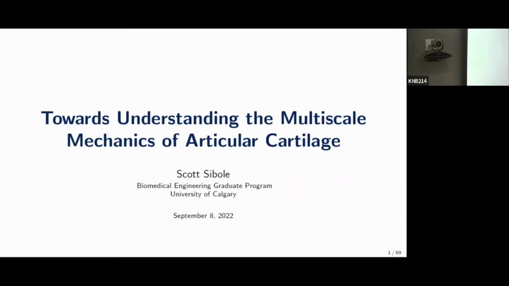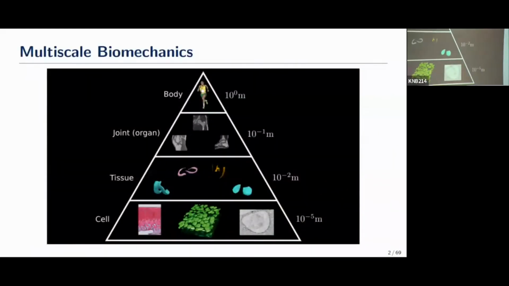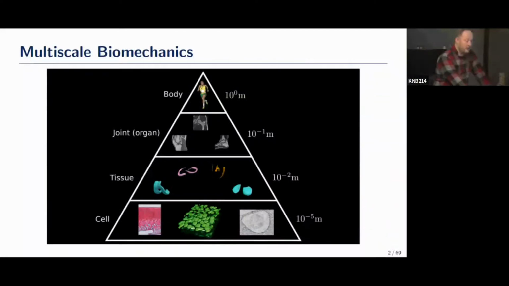Thanks, Olivia. So jumping in and explaining the title, what do we mean by multiscale specifically? We have this problem in biomechanics, where we have a huge disparity in scale between the things that load the tissues and ultimately the cells in our body, our daily activities. So walking, running, jumping, climbing stairs, etc. We look at that as biomechanists, right?